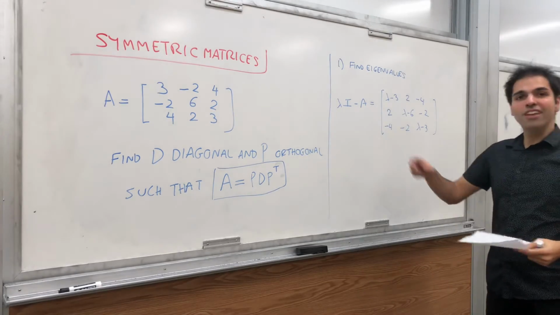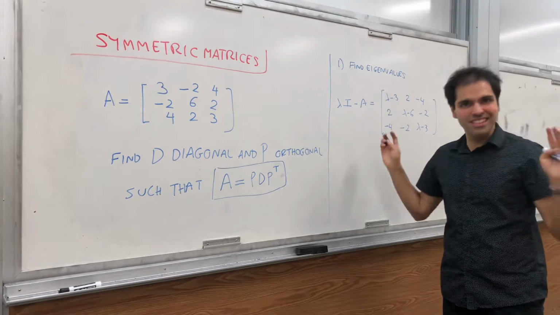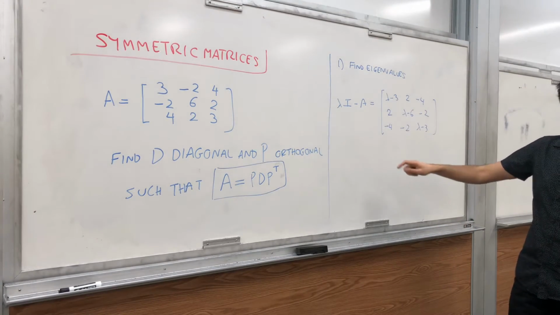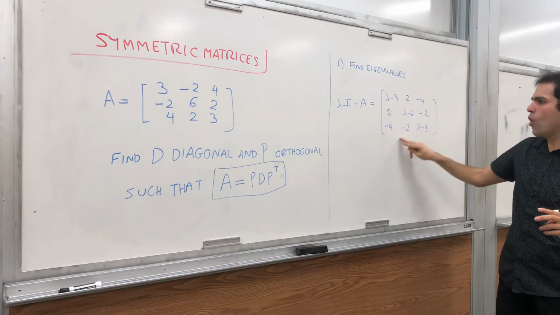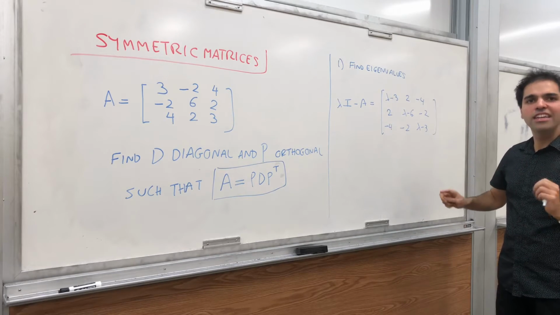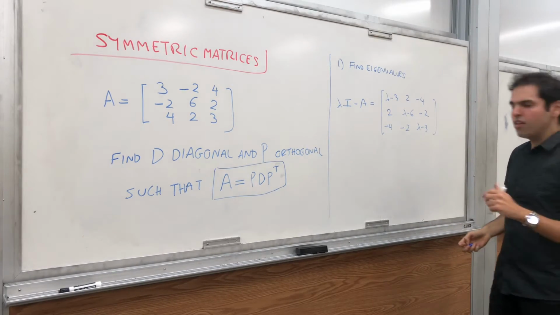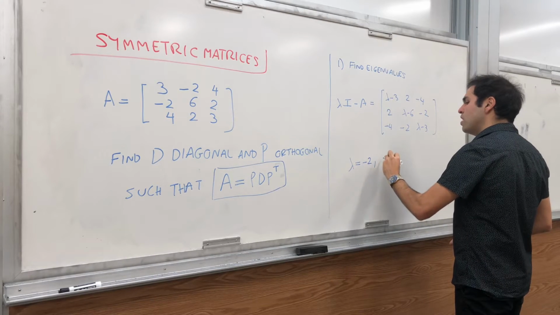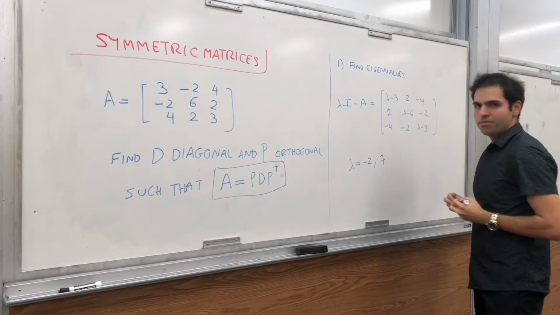I will not do the details because otherwise the video is an hour long. But if you find the determinant of this and set it equal to 0 and solve the equation, you'll basically get lambda is minus 2 and lambda is 7.